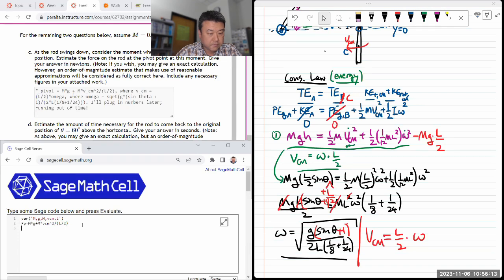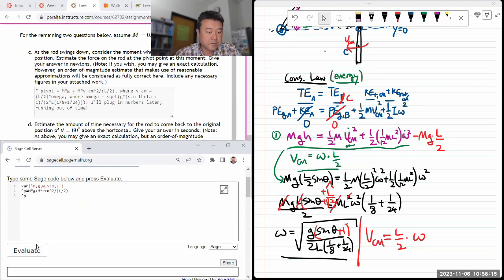Oh, I have to print FP. It'll show me that expression. Great. I need to plug in the numbers. I need the expression for VCM actually. So let me do this. I'm gonna FP substitute in for VCM. That's gonna be what I have there. L divided by 2 times omega.